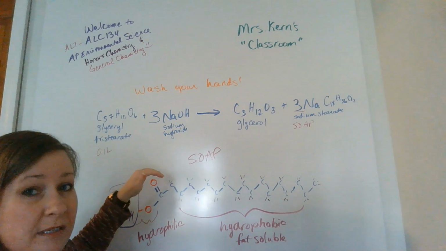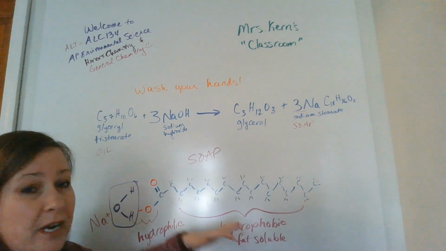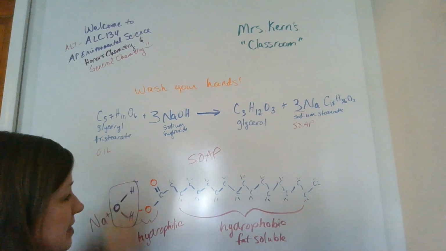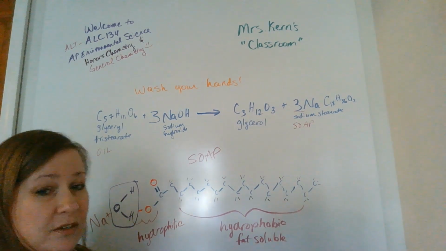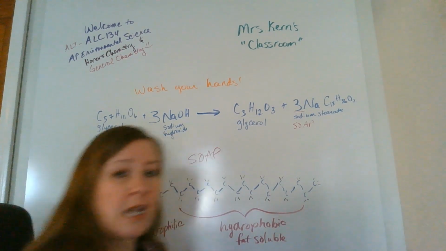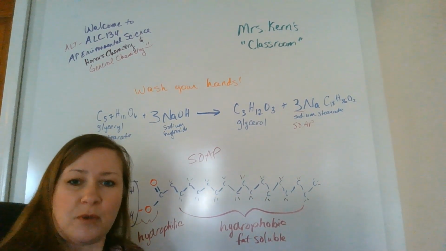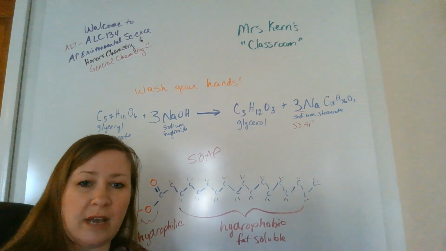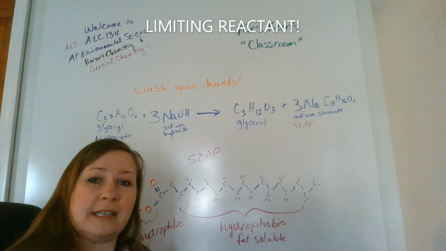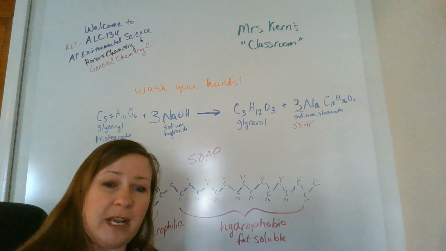So when you rinse, you're not just removing the soap from your hands, but you're removing everything else. The water's going to grab onto this end and just pull everything else off your hands, everything that's attached to the hydrophobic end. So that's a little background on how soap works, and we're going to have a little discussion about why it's really important to think of it as a reactant problem when you're making soap.